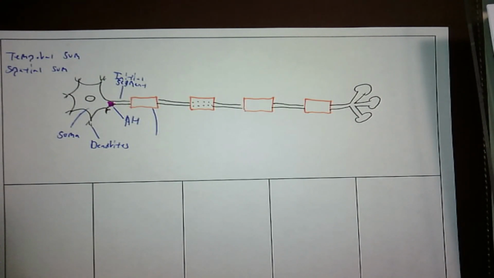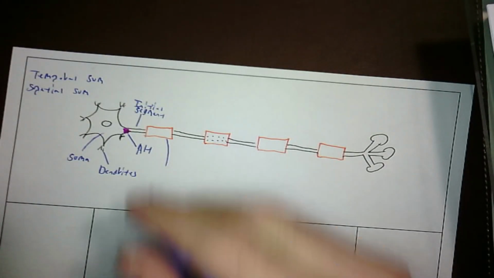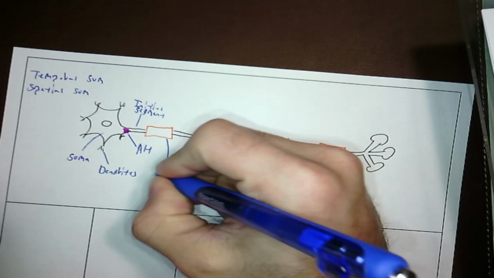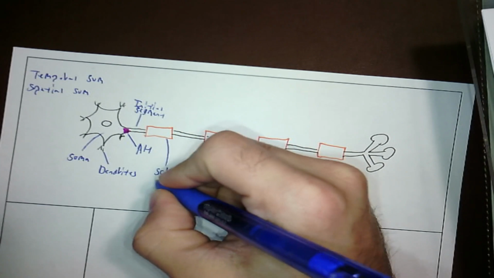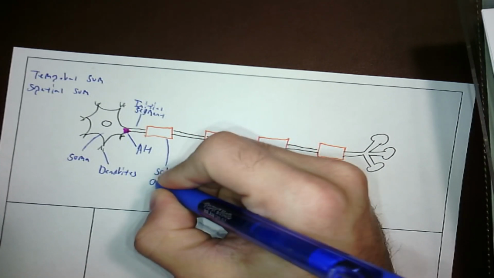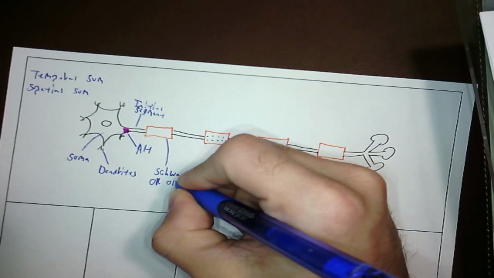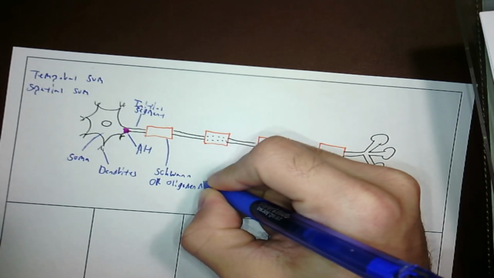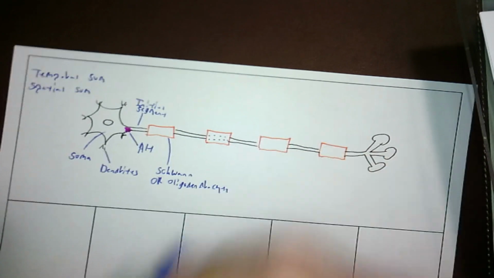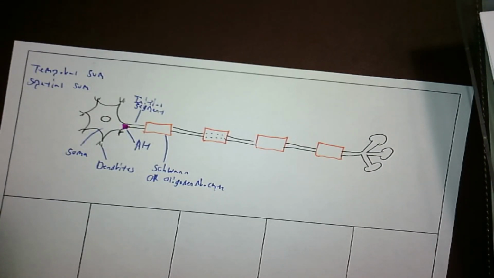So depending on where it's at in the body, we might call it a Schwann cell, or it could be oligodendrocyte. Question is, how do we know when we call it Schwann versus oligodendrocyte? You need to look into that.